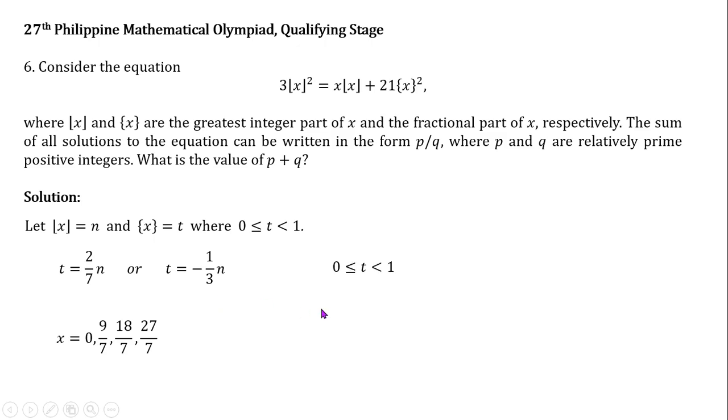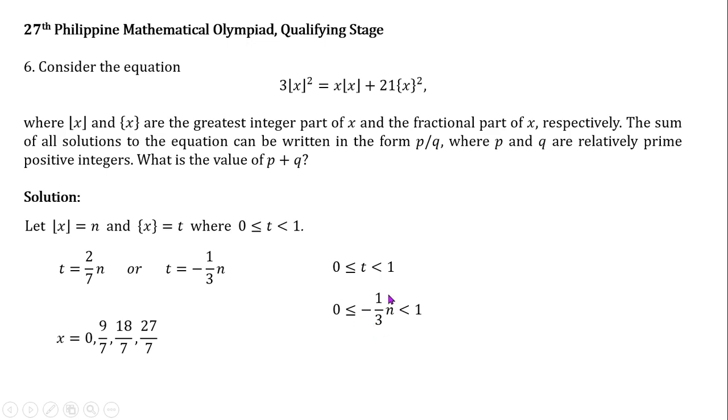Again, we know that t is greater than or equal to 0 but less than 1. So for the second case, it follows that negative 1/3 times n is greater than or equal to 0 but less than 1. Now, in solving this inequality, we have to be careful because the quantity in the middle is negative, right?